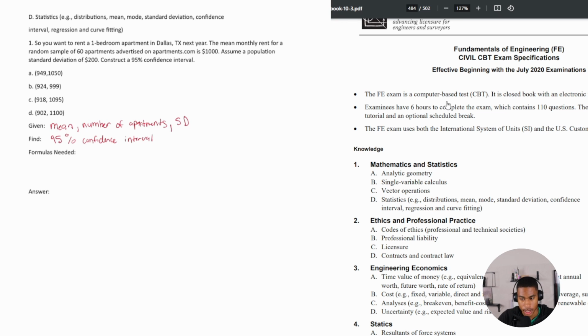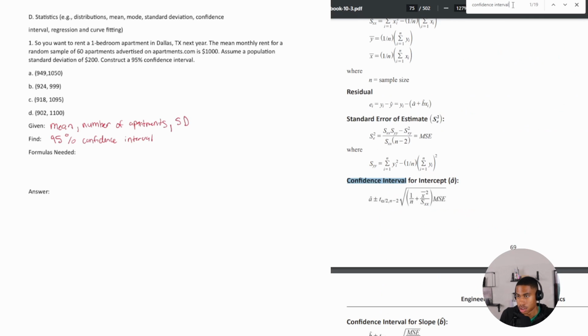I don't know too much about confidence intervals. So normally when I don't know something, I try to find some formulas that involve it. So I'm just going to do a control search for confidence interval. All right, one thing comes up.